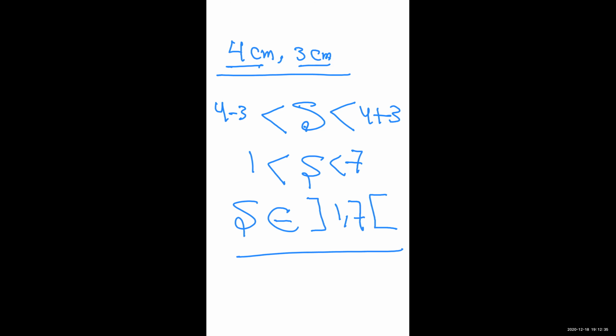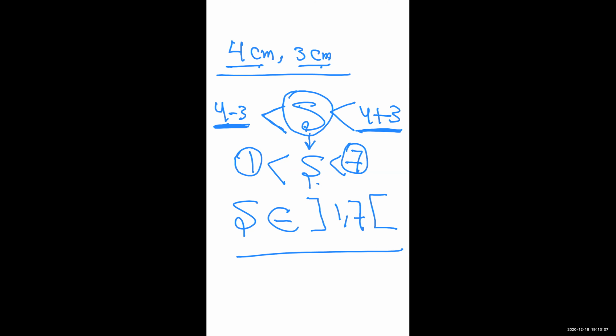Okay, no problem. I will explain it again. We said that the side is greater than the difference of the two other sides and less than the sum of the two other sides, right? We just deduced that. So now this missing side will be greater than the difference, which is 4 minus 3, and less than the sum, which is 4 plus 3, 7.